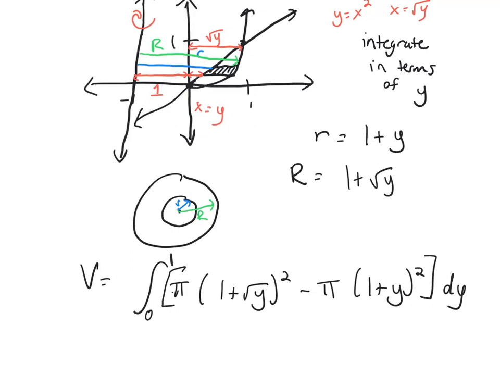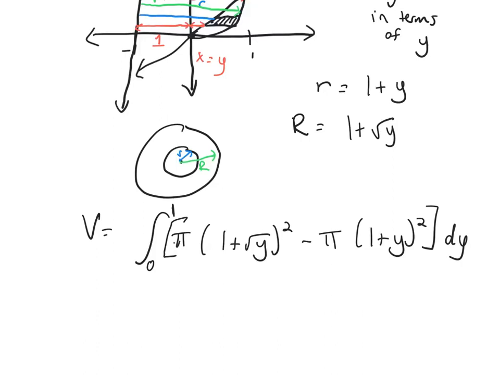So let's see. Again, I'm going to factor out a pi because it appears in all my terms. The integral from 0 to 1. And then you need to FOIL two things. You need to FOIL this and FOIL this.